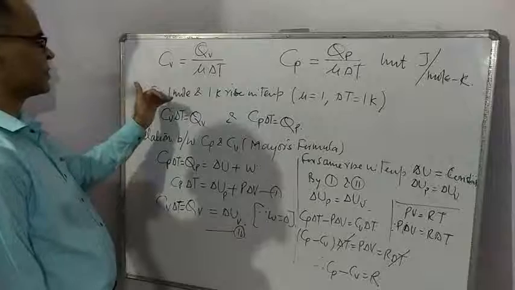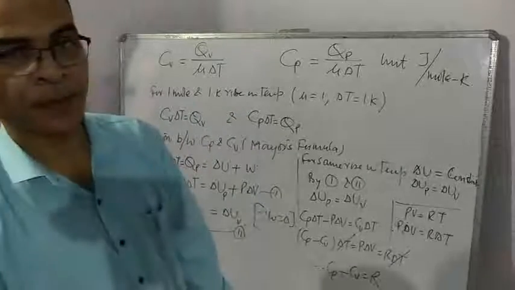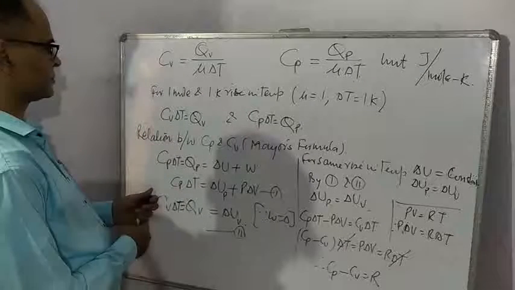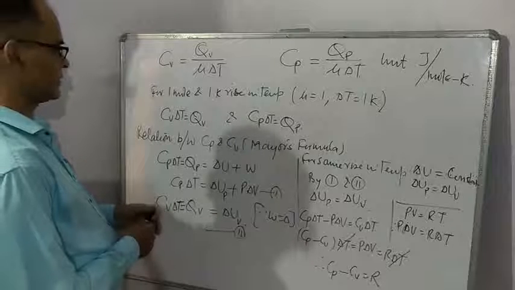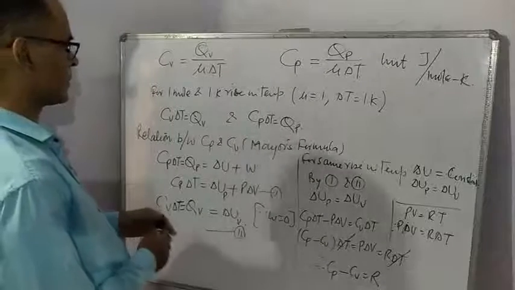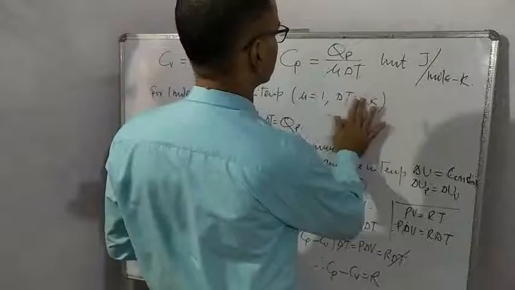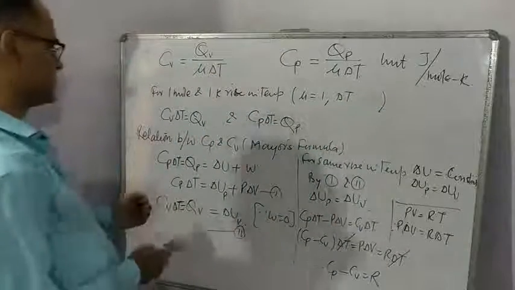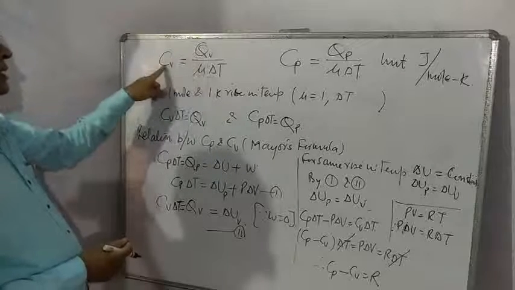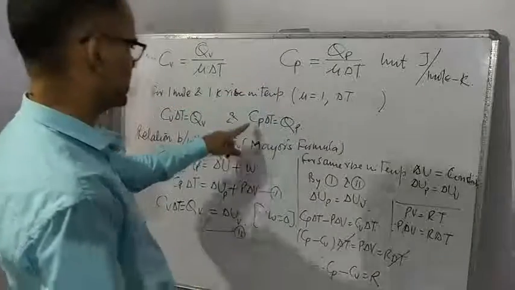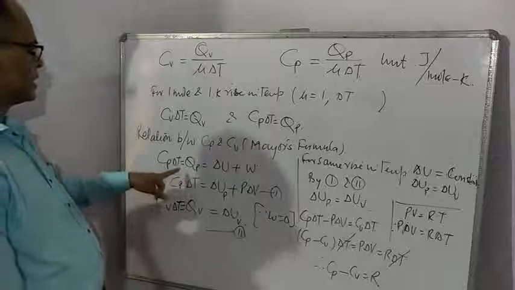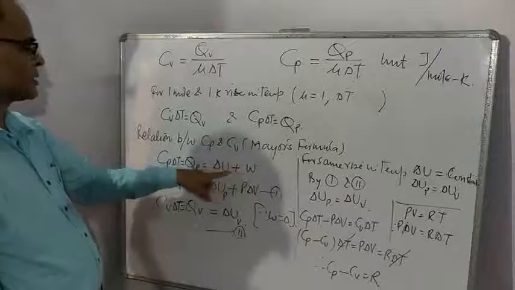Let us suppose 1 mole of gas, and in both conditions the change in temperature is delta T. So by this equation, with mu equal to 1, Qv is equal to Cv delta T. Similarly, Qp is equal to Cp delta T. Qp is equal to delta U plus W by the first law of thermodynamics.